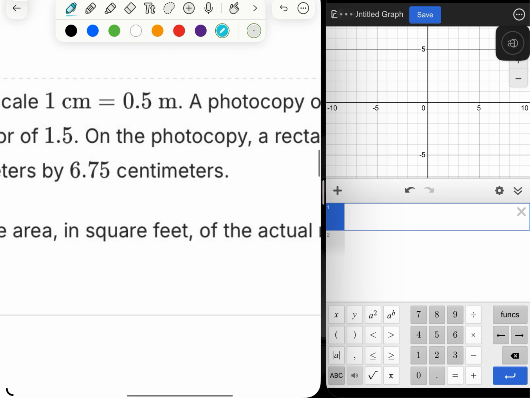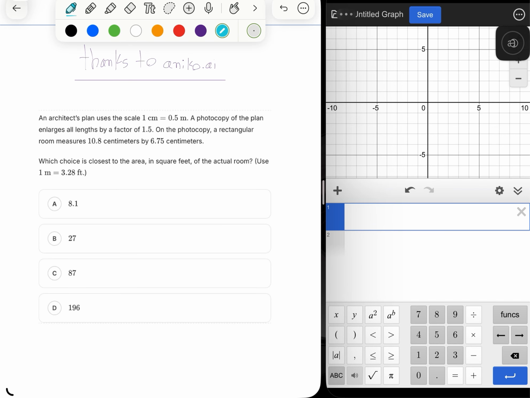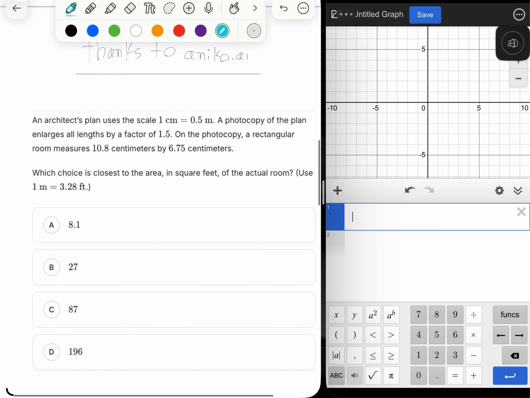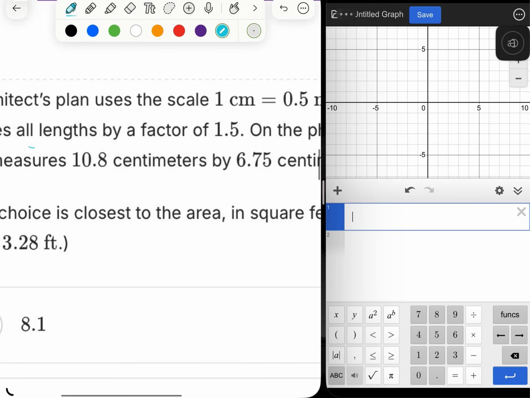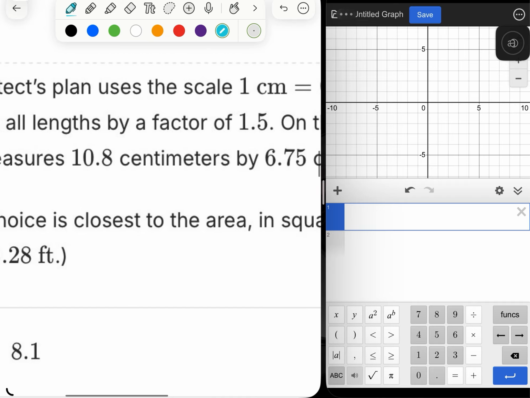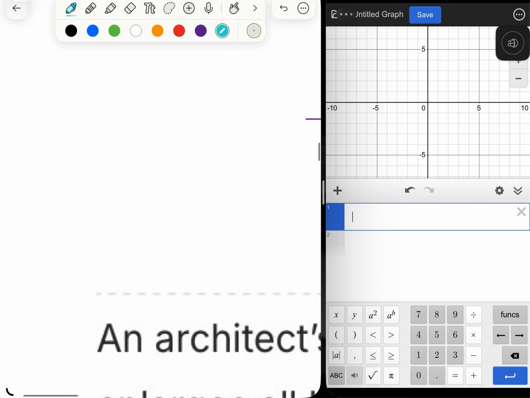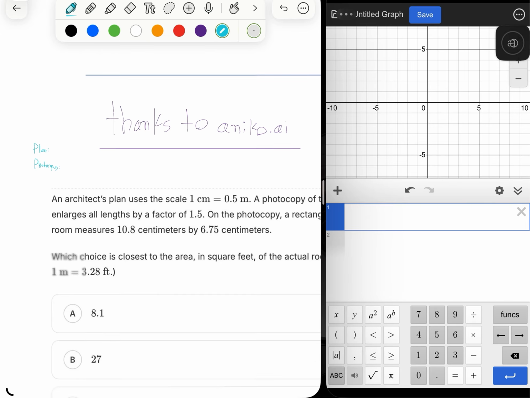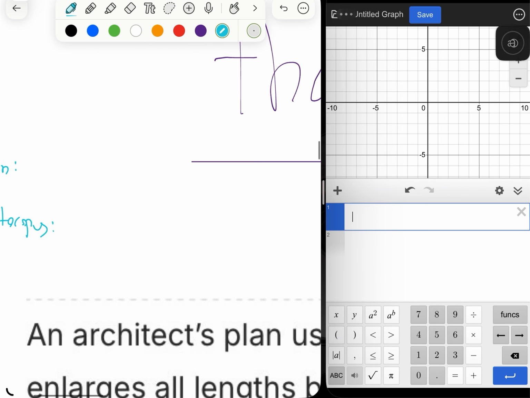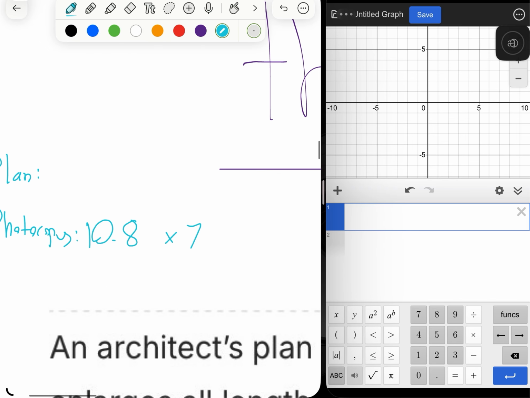Now, it says that's the photocopy. And we know that a photocopy of the original plan enlarges all lengths by 1.5. So that means that if you have the actual plan itself, and then you have the photocopy, well, once again, the photocopy is 10.8 by 6.75.